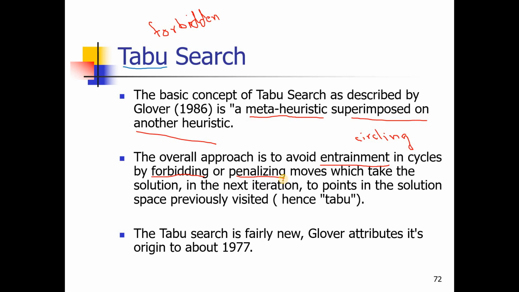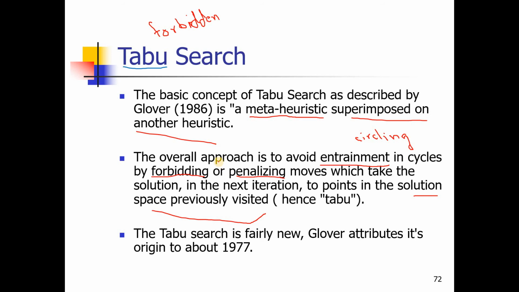You penalize the moves. For example, if it goes to such states, you put some fine. So penalizing the moves which take the solution in the next iteration to the points in the solution that were previously visited.